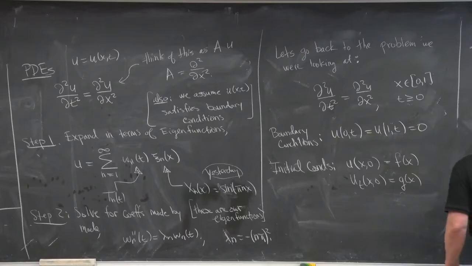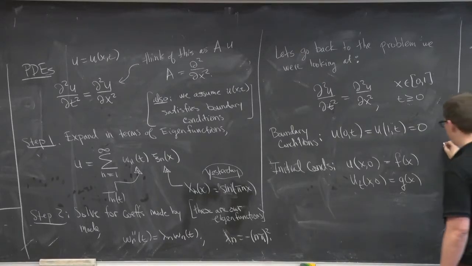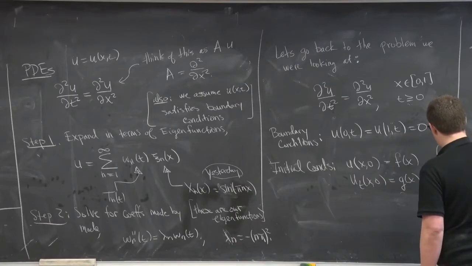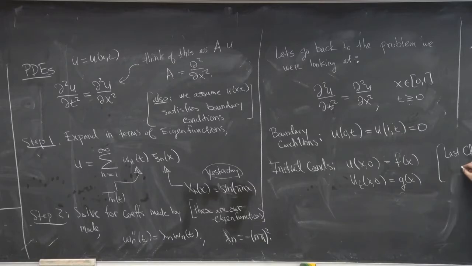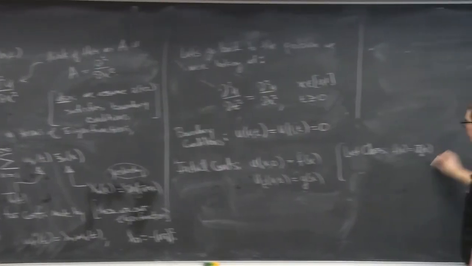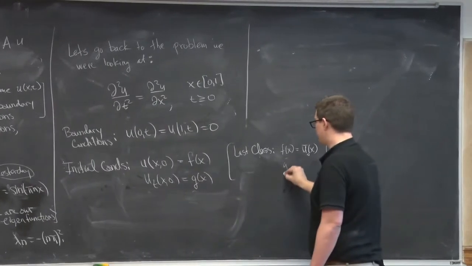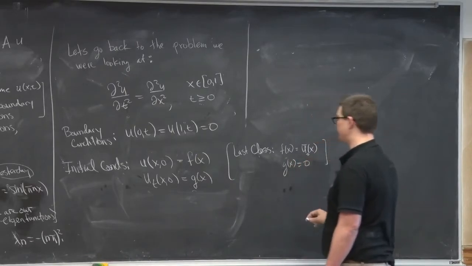Last class, we had f(x) equal to u_0(x bar), and then g(x) was, say, equal to 0.